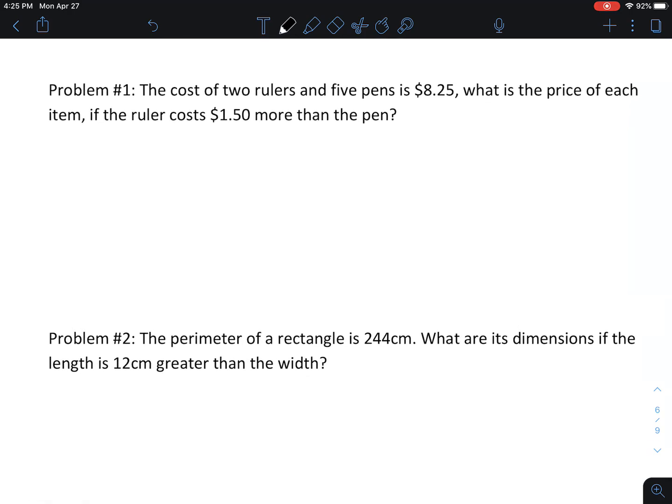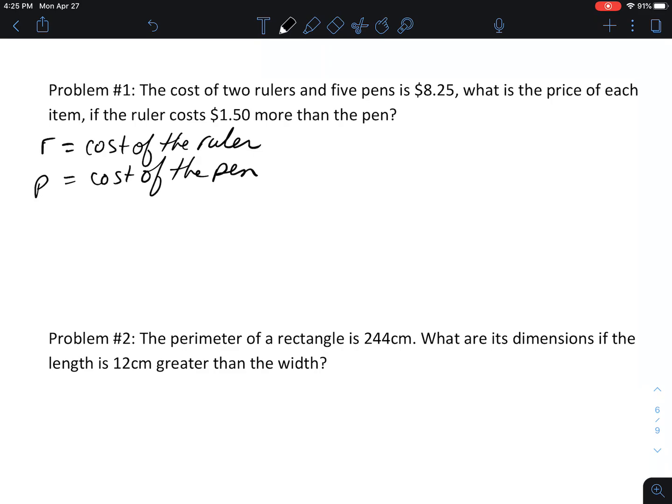So now if we go past this, back to our word problems, let's look at these ones and again, go through that process. What I'm going to do first is say that R is the cost of the ruler, and P the cost of the pen.